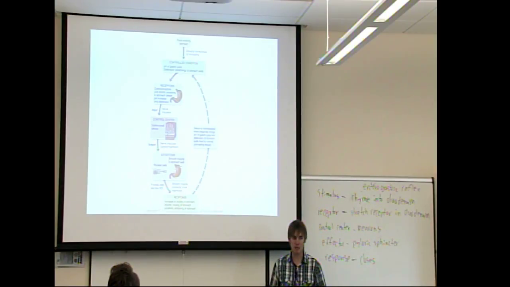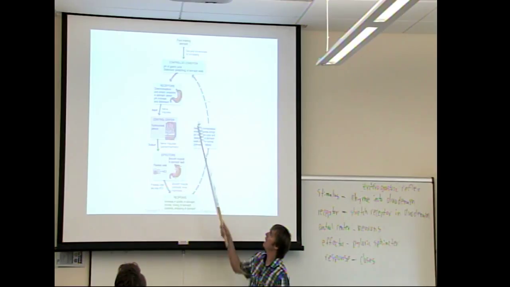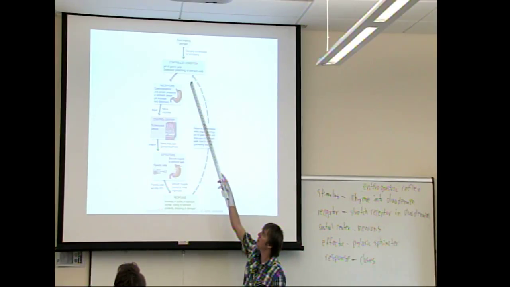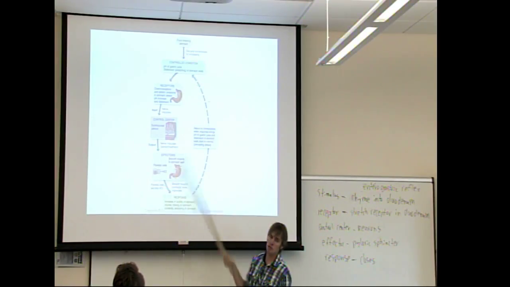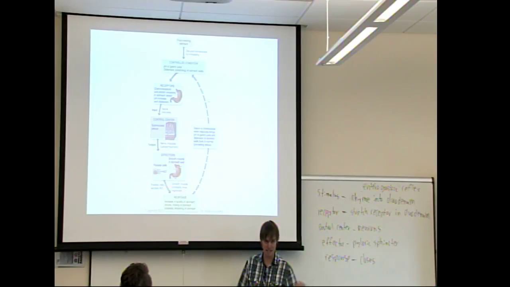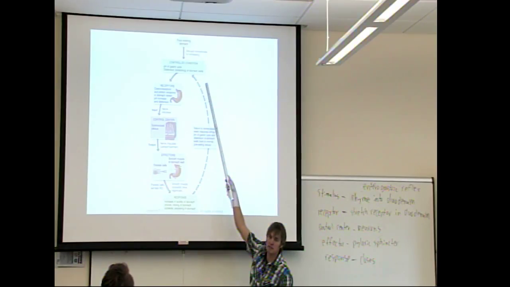And hopefully now that you've looked at so many of them, it's getting a little bit easier, because it's always the same kind of logic. It's just slightly different stuff in the receptor, control center, and response areas. So for this one, there are 2 stimuli: either the high pH of gastric juice, which is more basic, remember, high pH, more basic, confusing in that way, or the stomach stretching.